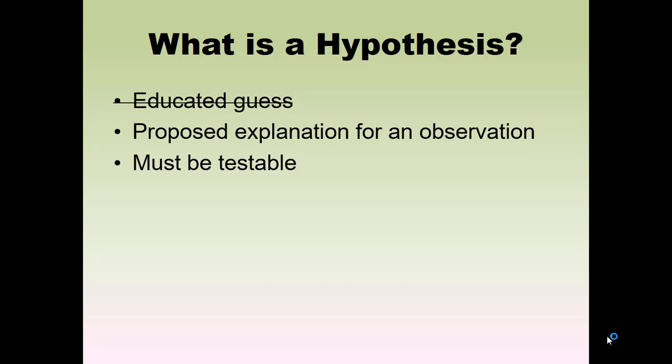When we propose a hypothesis, it must be within the realm of nature, and it must indeed be testable. So, for example, if my neighbor Jimmy comes over and sees that my car's not starting, and he says, well, it's probably a ghost turning your engine off, not allowing it to start.